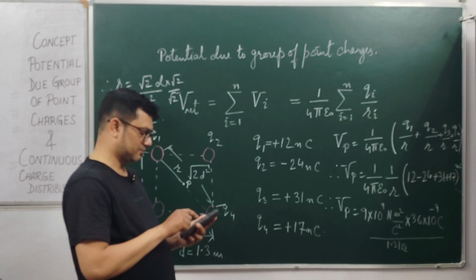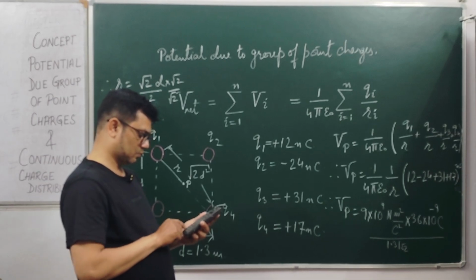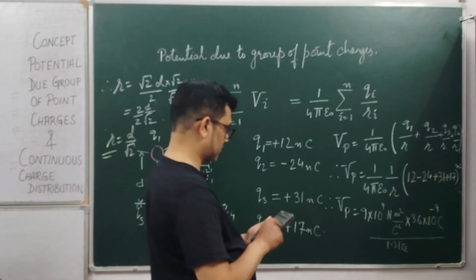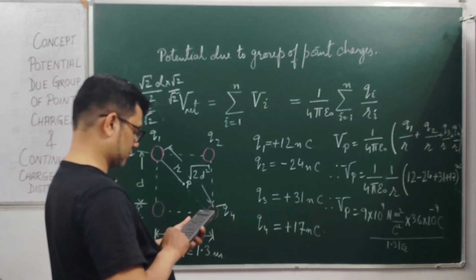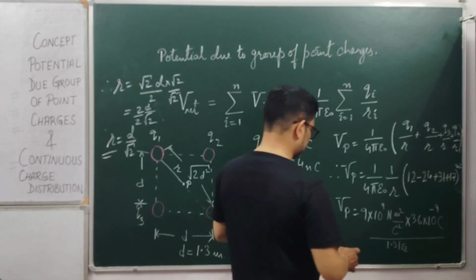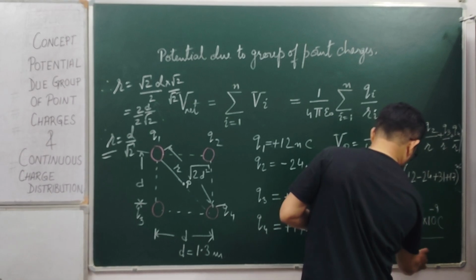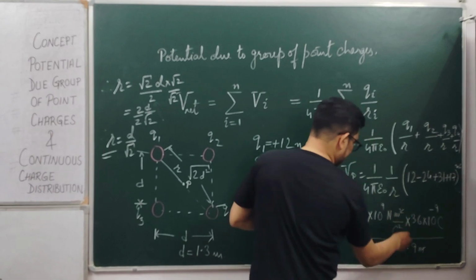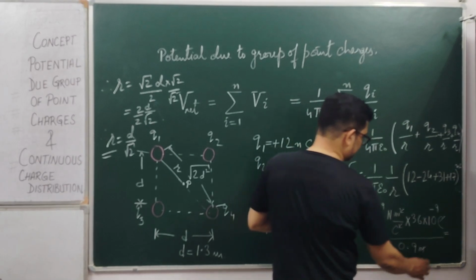Approximately it comes out to be 0.9. So the meter gets cancelled, coulomb gets cancelled, and this comes out to be in joule per coulomb, which is volt.